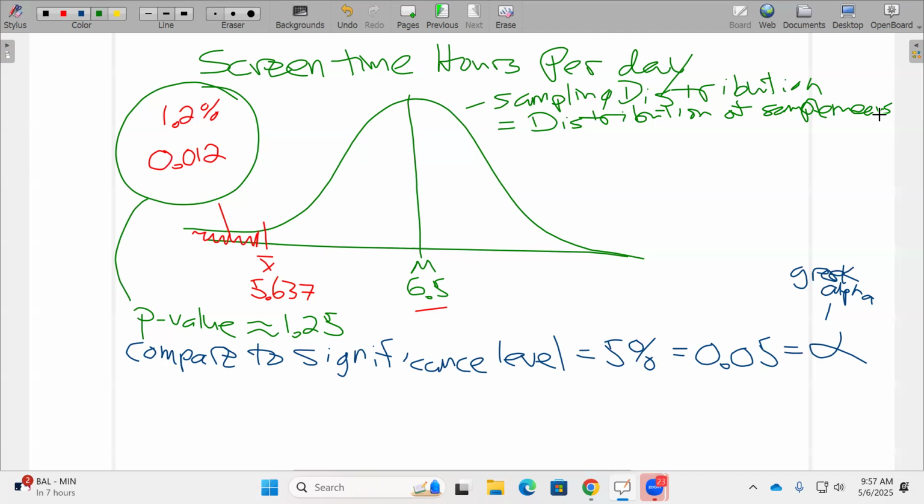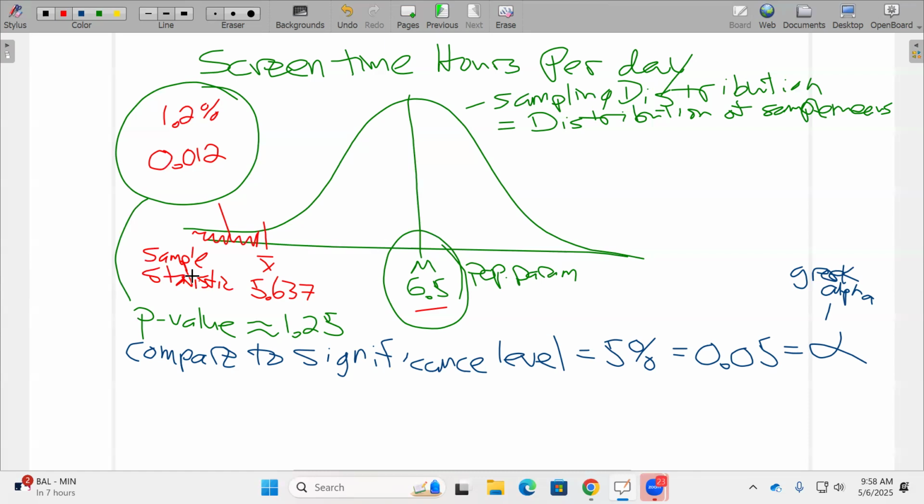The sampling distribution is always centered on what we think the population mean should be, which we read was 6.5, and then we compare that to the sample data. This is the population parameter, and this over here is my sample statistic. And like the confidence interval, these two are far enough apart to say they don't seem to have the same average. There seems to be a significant difference.